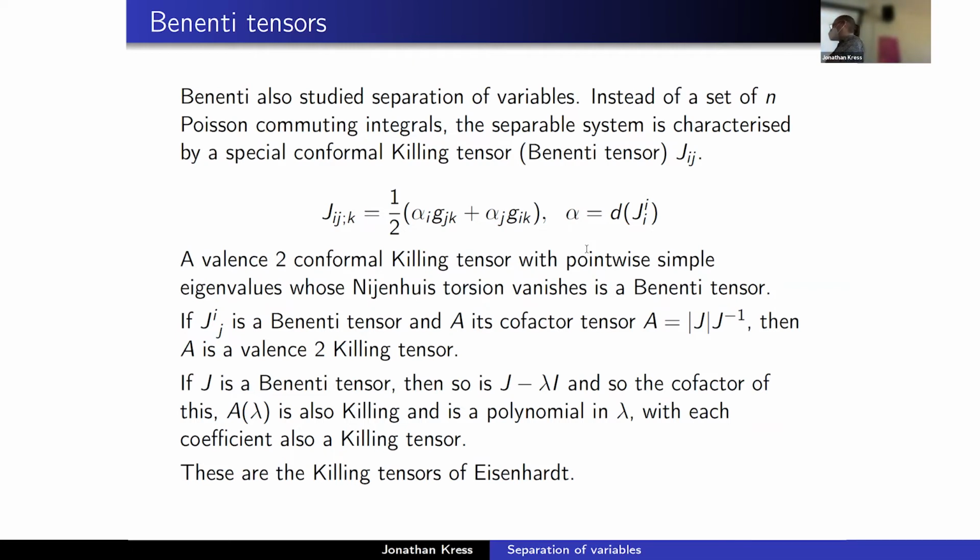If you have a Benenti tensor, then I think we've seen this in the lectures, or at least something like this, you can adjust it by any constant multiple of the identity, and you still get a Benenti tensor. The metric here is a trivial solution to this, so you can add multiples of that trivial solution, and you still have this condition, and the other conditions will still hold too.